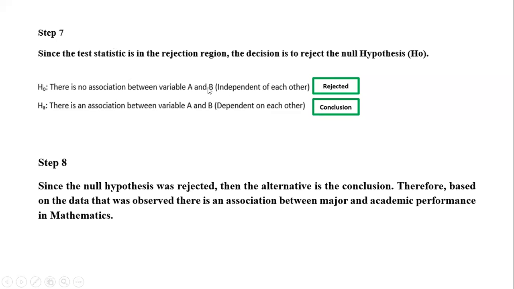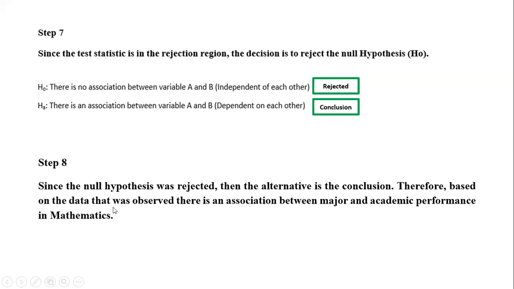You will always begin the test with two hypotheses. One will be the conclusion. So in step number 8, since the null hypothesis was rejected, the alternative is the conclusion, and we have to quote for our conclusion what the alternative is saying. Therefore, based on the data that was observed, there is an association between major and academic performance in mathematics, because that's what the alternative is saying. There is an association.